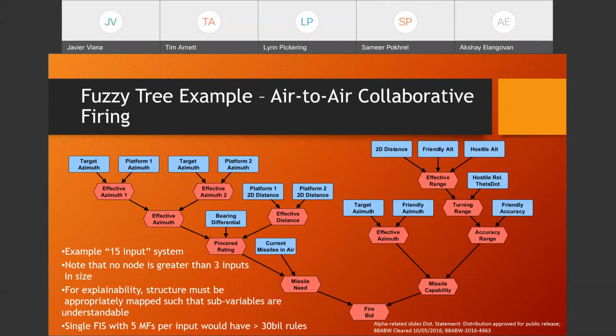This has 15 inputs, but notice that no single node, in this case a node is a FIS, so all of these are FISs, and the blue is our inputs, has more than 3 inputs. The reason is to cut down on the number of rules.